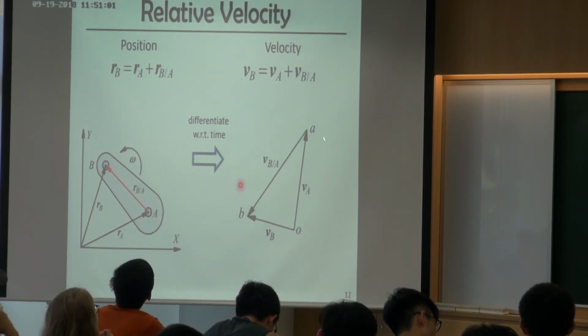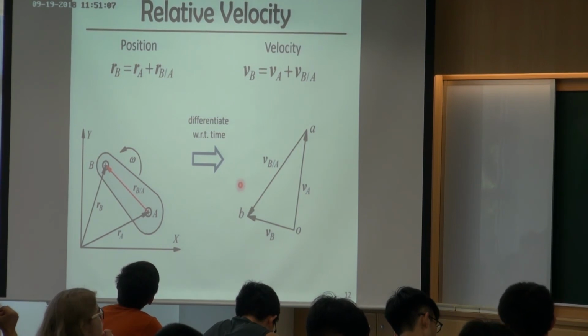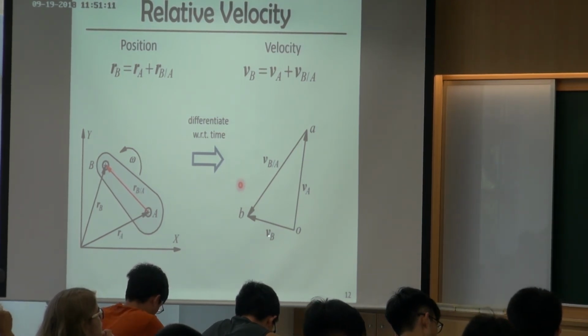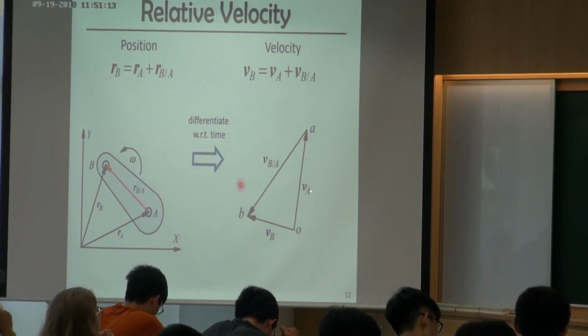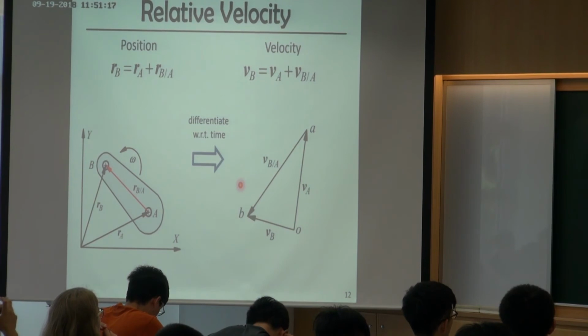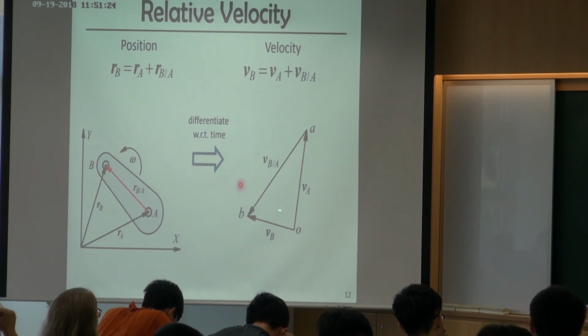Here I just randomly draw the lengths of VA and VB. But no matter how large or how small VA or VB are, they will always form a triangle. This just represents their relationship. So VB equals VA plus VBA.